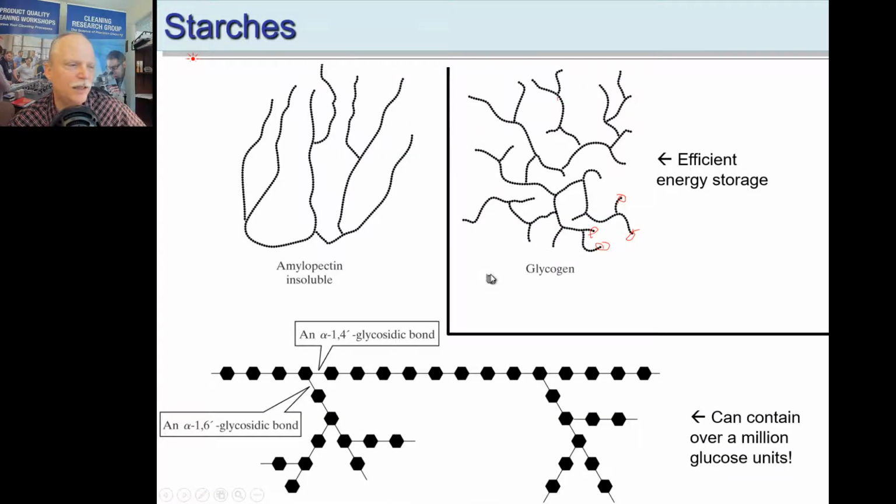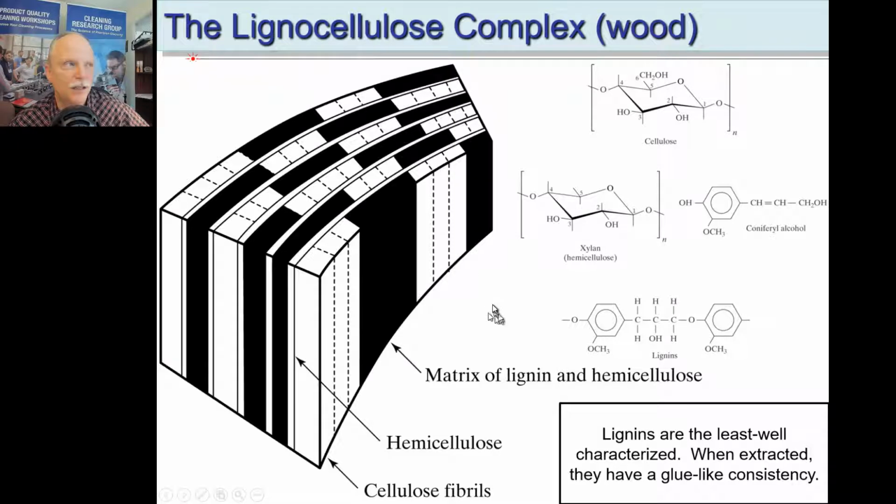Now if we take these starches and these cellulosic polymers and join them together in a large structure, then you start to get to the lignocellulose complex, or plant wall structures, woody plant stems, and then even trees. So this is this matrix of cellulose and hemicellulose mixed in with lignin.